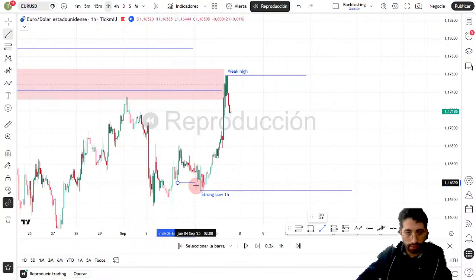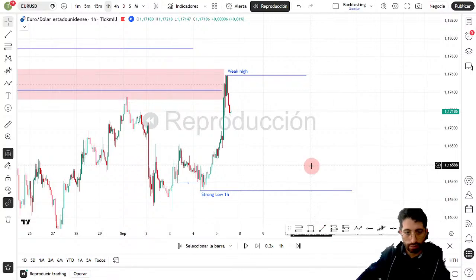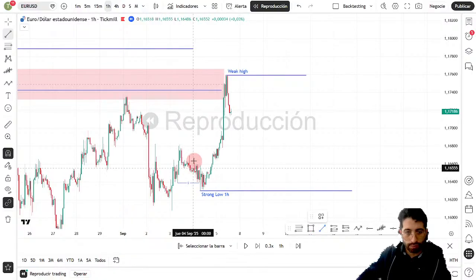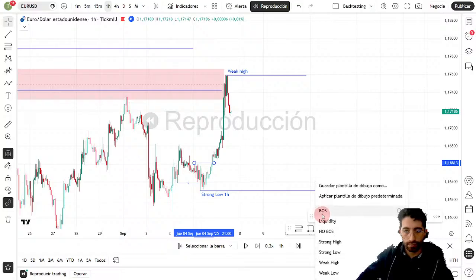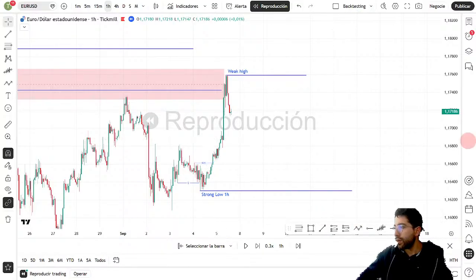And as I'm marking here, the liquidity is being taken right here, and then we have here a break of structure, right? That's it. So this is it. We have this. All right.